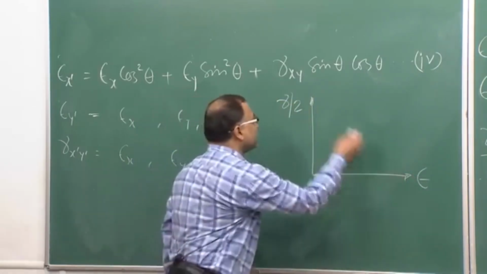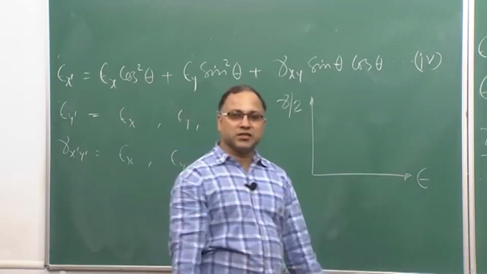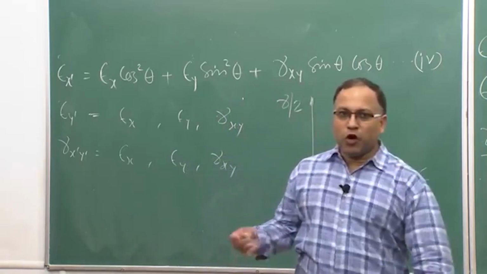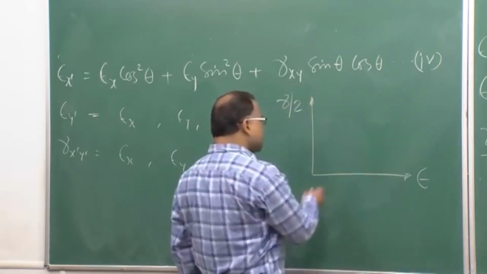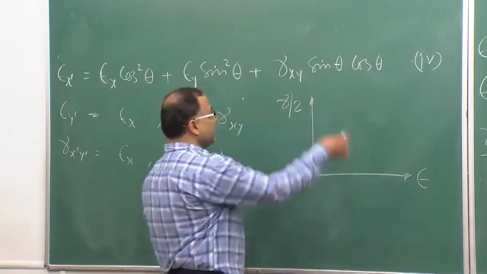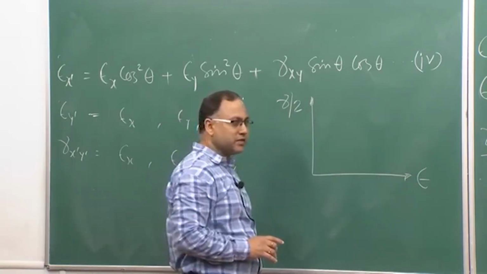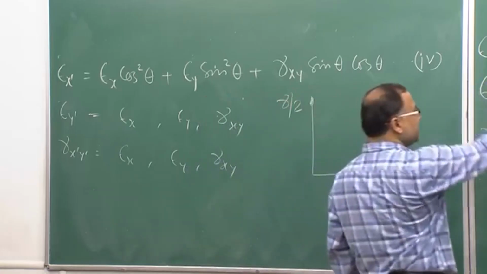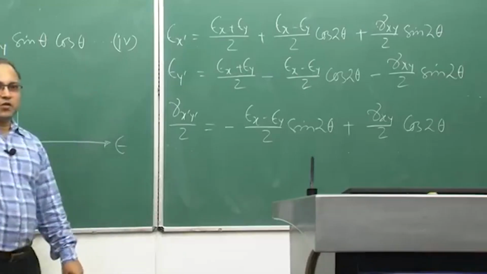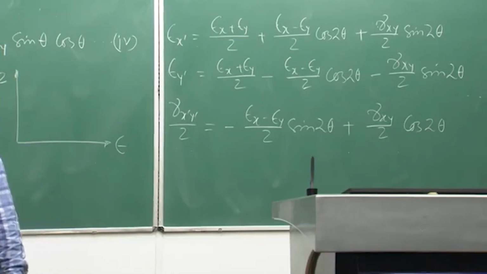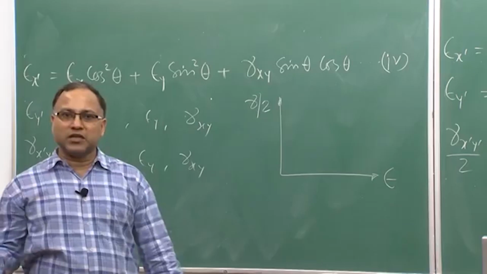That means normal strain versus half of shear strain. If we construct the Mohr circle in this epsilon versus gamma by 2 space, then these 3 equations will form a kind of Mohr circle.